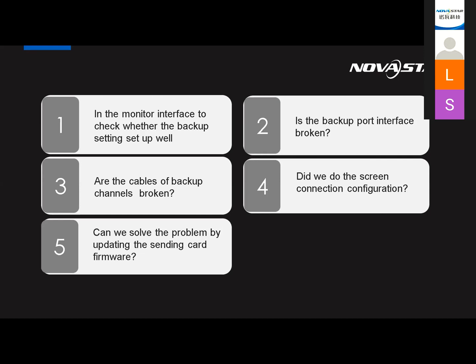When the primary sending card stops working and the backup doesn't work, this might happen. We can try to update both controllers' firmware to the latest version to check if the backup works.